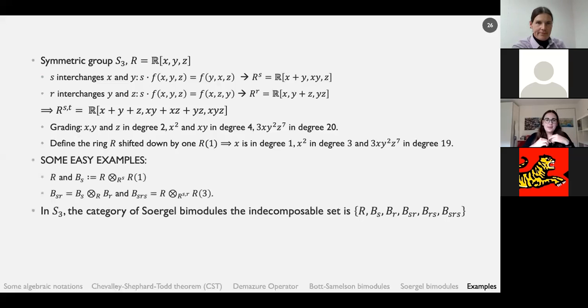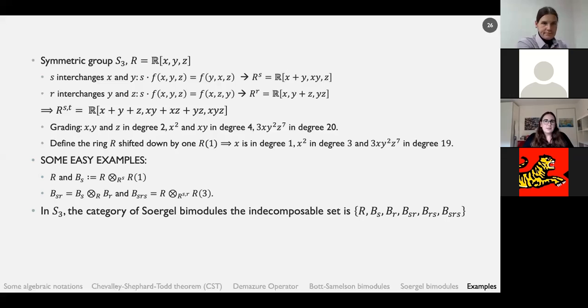The Z-graded R-bimodule R is the easiest example of a Soergel bimodule, and the second easy example, as I've already mentioned, is the Z-graded R-bimodule B_S.